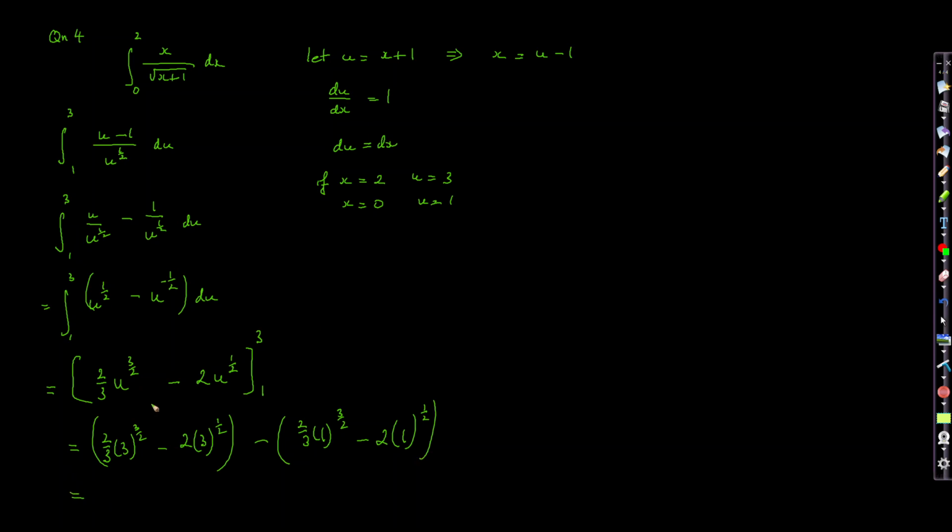It turns out that this becomes 0, and we end up with 2/3 minus 2, and if you calculate that, that comes out to negative 4/3. Okay, so that would be the definite integral value.